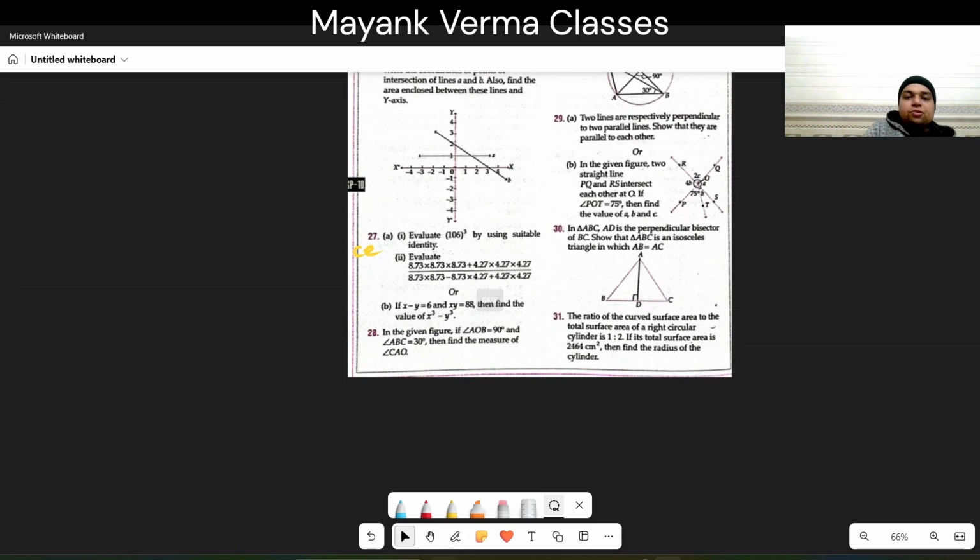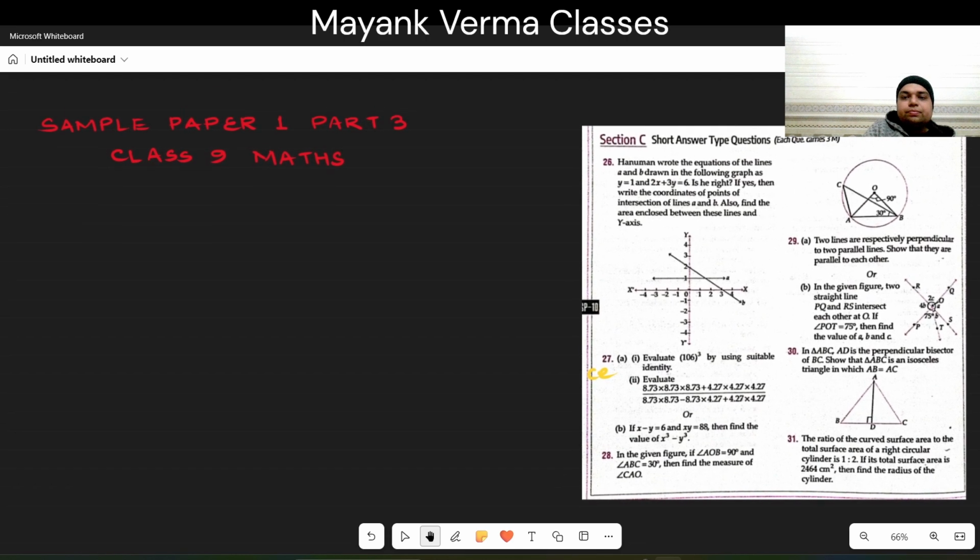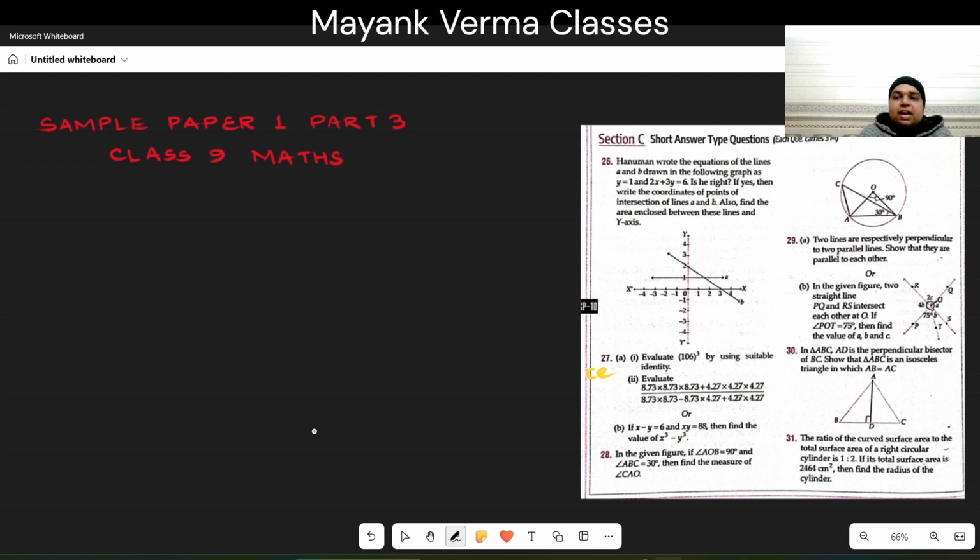Okay, now the next question is: two lines are respectively perpendicular to two parallel lines. Show that they are parallel to each other.